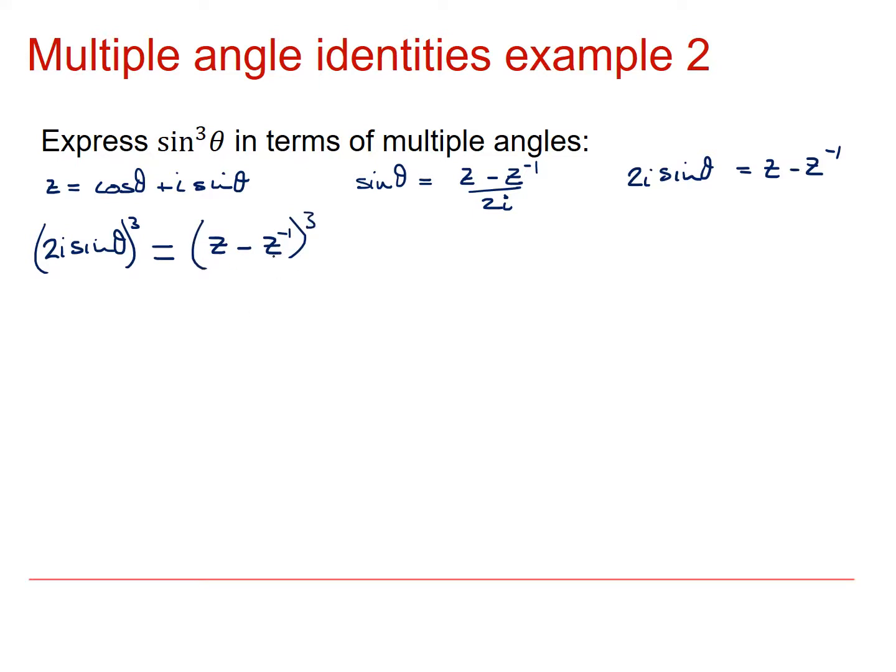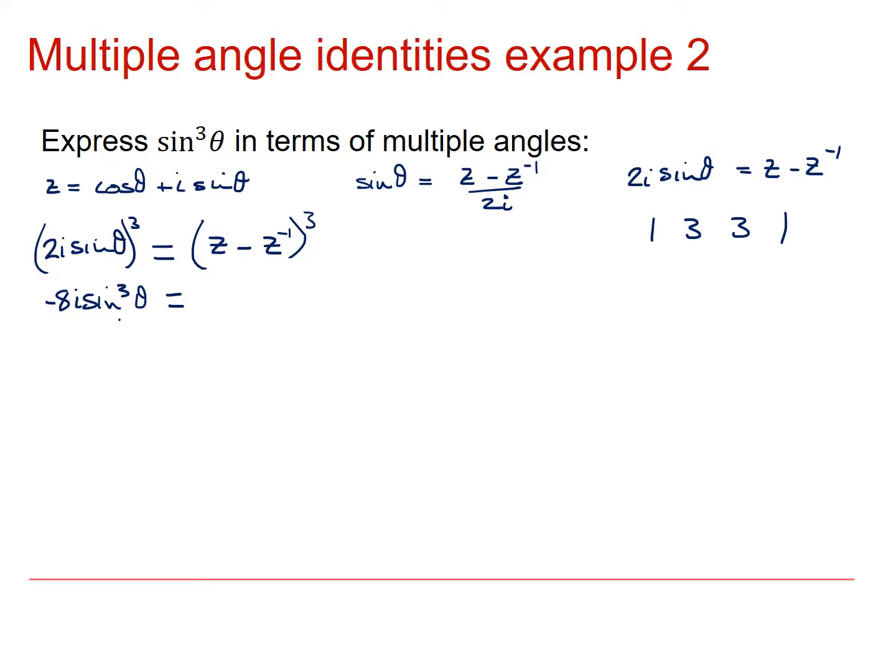This I'm going to multiply out using the binomial theorem again and Pascal's triangle, which is going to give me coefficients of 1, 3, 3, 1. And that's going to give me minus 8i sine cubed theta is equal to, I get minus 8i because 2i cubed is 8i cubed. i cubed is minus i.